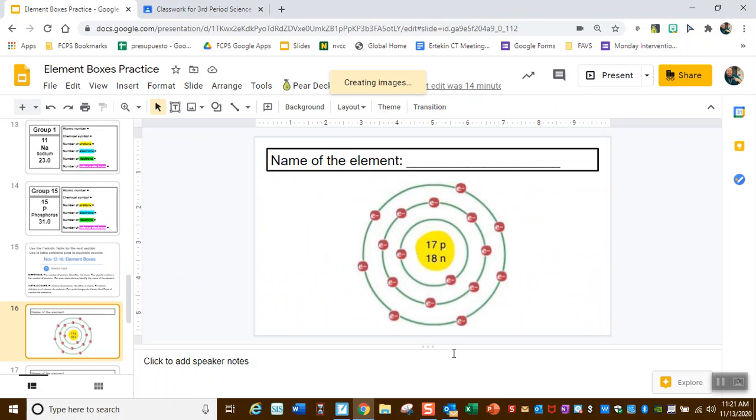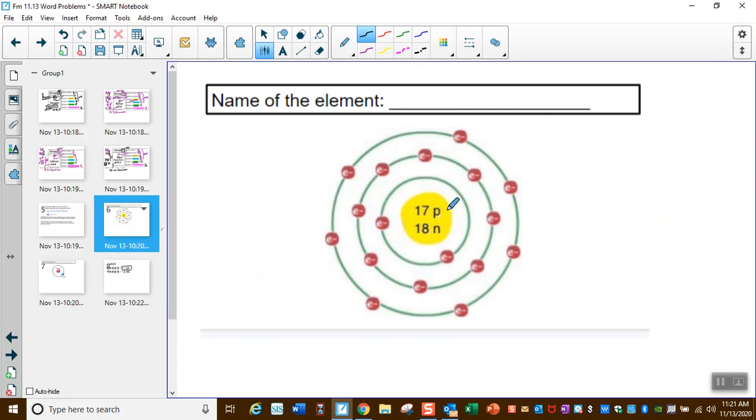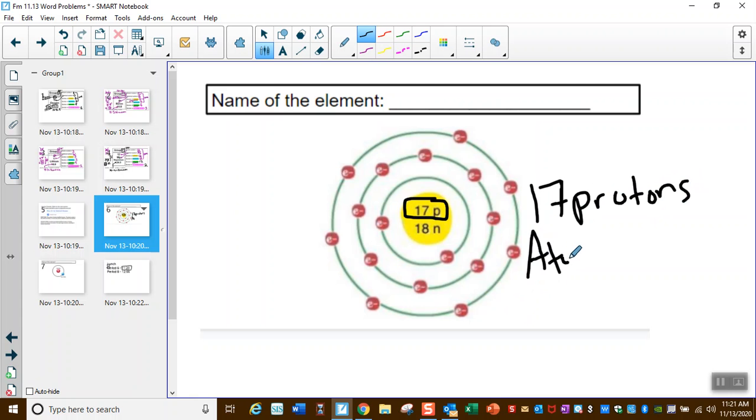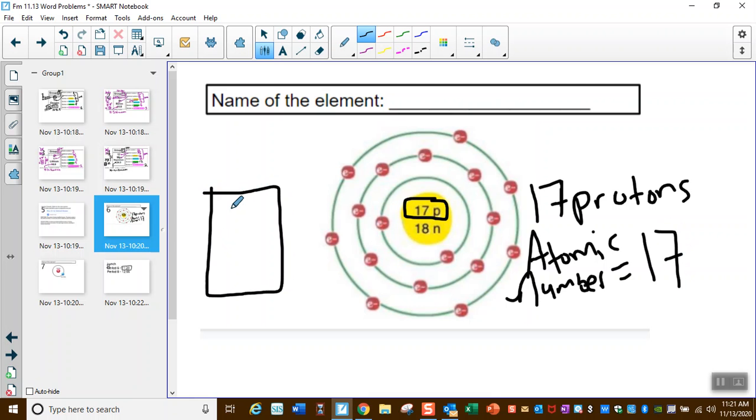So, look at this picture right here. This is an atom. You need to look at how many protons it has. It has 17 protons. That means the atomic number for this element is going to be 17. The number on the top is going to be 17 because it has 17 protons, right?